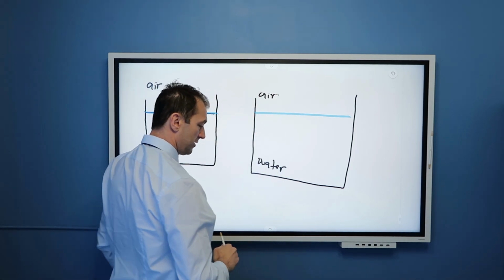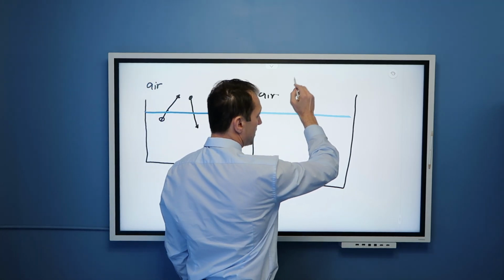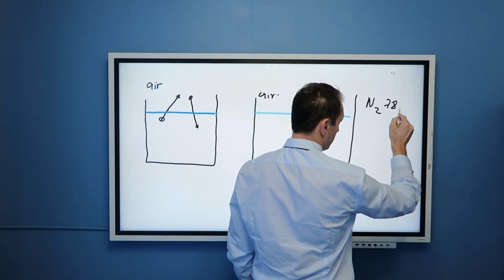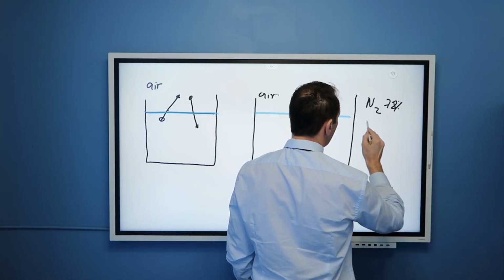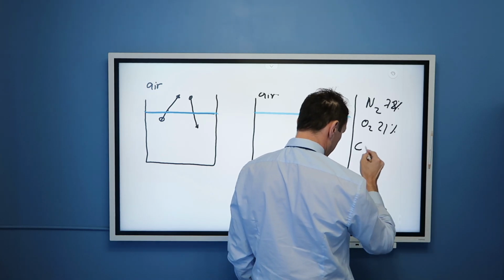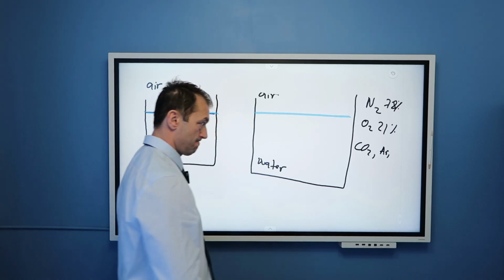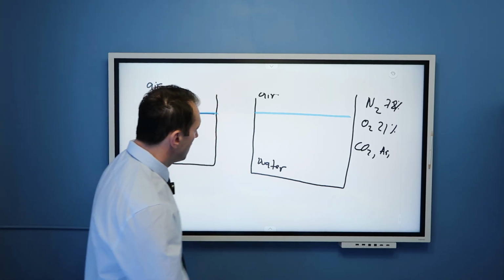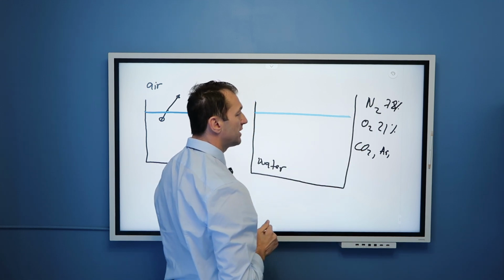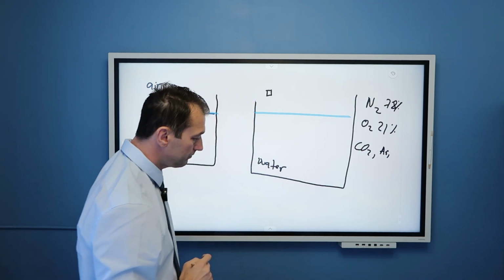So air, water. Now, we know from my previous videos, what is air? Air is nitrogen, 78%. Oxygen, 21%. And other gases, there is CO2, there is argon, there is water vapor, and so on. So this air over here will have 78% of nitrogen. Let's say nitrogen I indicated with these squares.